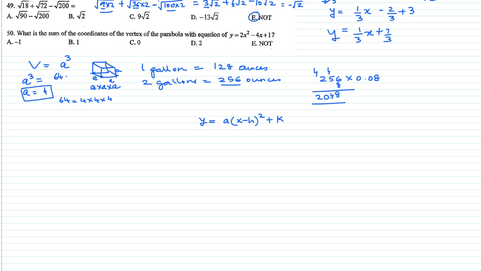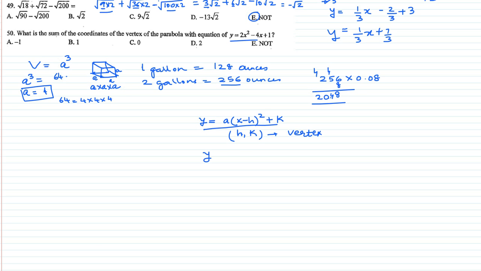So when we write the equation in this form, h comma k are the coordinates of the vertex of the parabola. So we have to rewrite this equation in this form so that we can identify h and k.